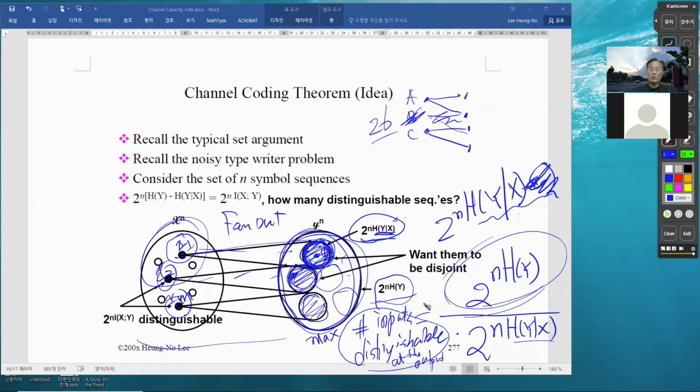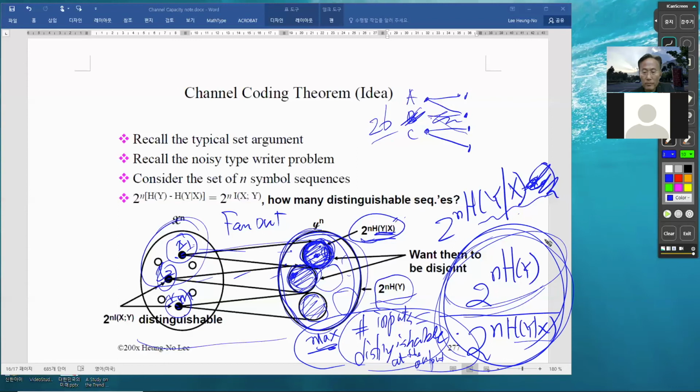But what we want to know is the maximum possible number of inputs so that they are distinguishable at the output. So this ratio will give you an idea of capacity.